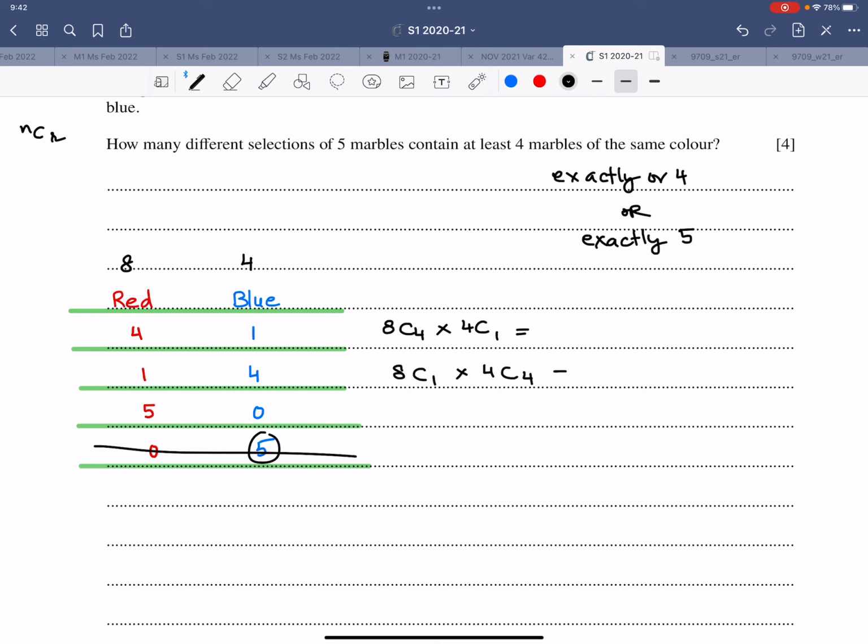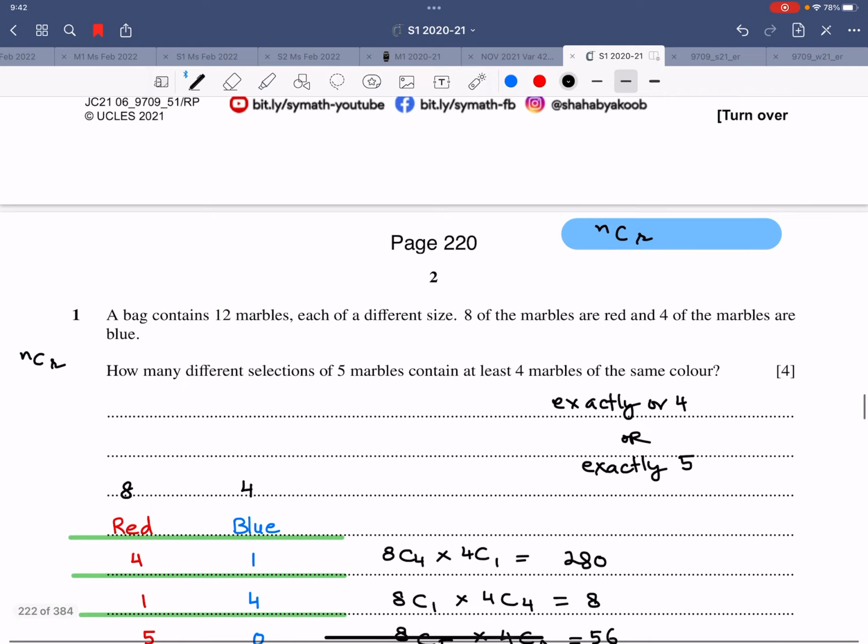This is 8. The answer for this part, 8C5 into 4C0, comes out to be 56. The first one, 8C4 into 4C1, comes out to be 280. So you add it all up, and this answer comes out to be 344. So that is the working for the first question for 4 marks.